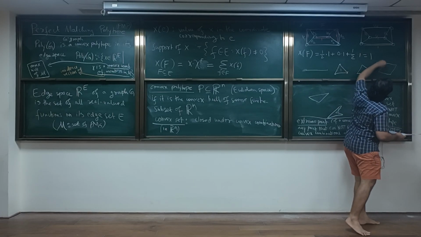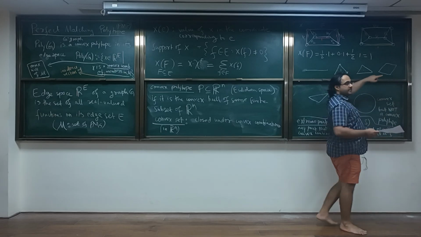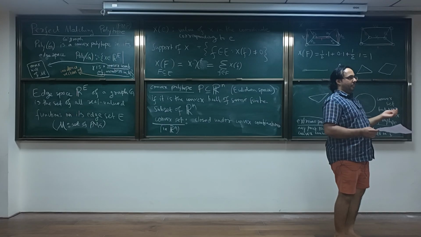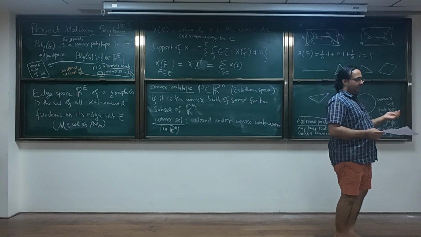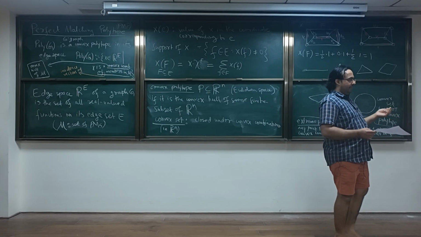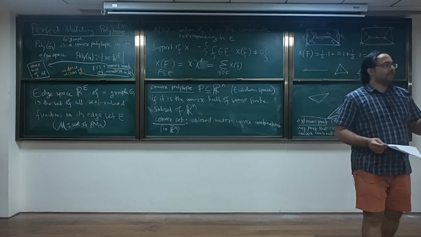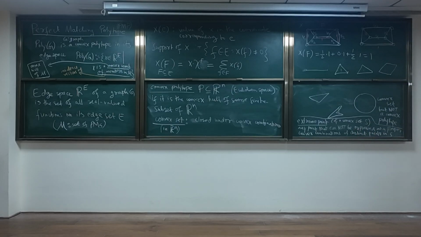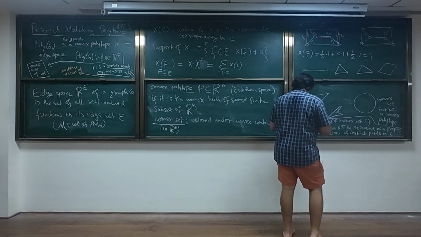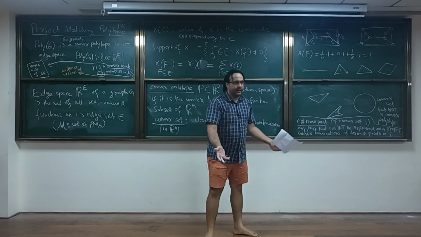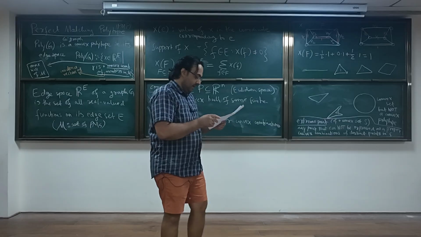Or I may also get this fellow. But the point is, every convex polytope is actually determined by its extreme points. If I want to describe a convex polytope to you, I can simply give you the extreme points of that convex polytope, and that actually determines it. It is basically the convex hull of its extreme points. That's one way to think about it.